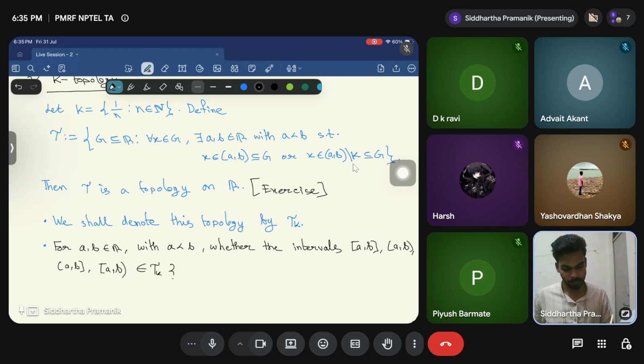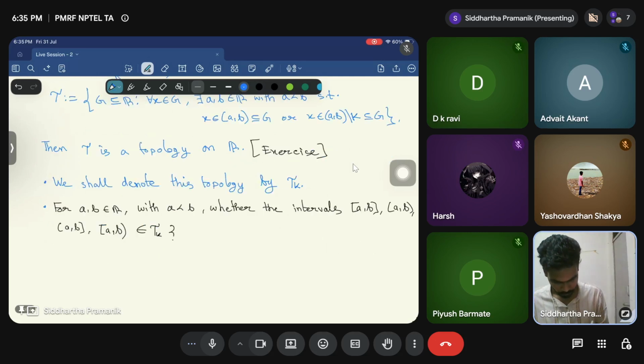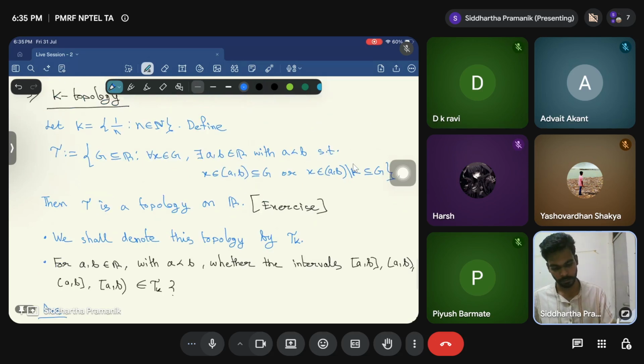Okay, so let's see this. Clearly the open interval belongs to tau k, because from the definition itself it is clear.